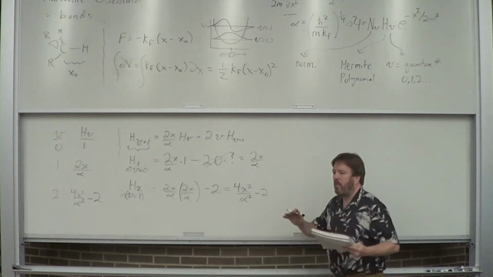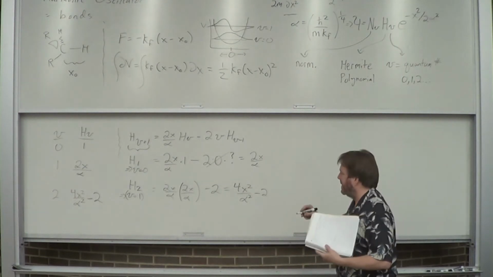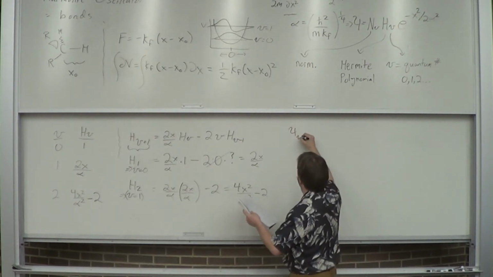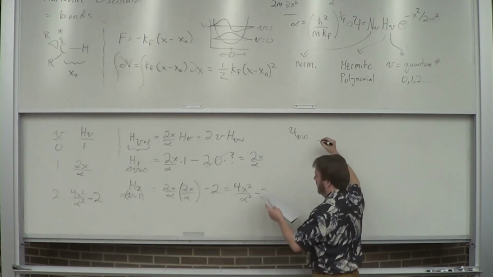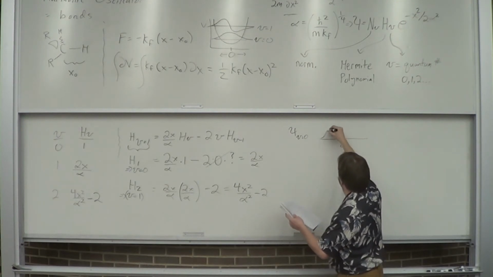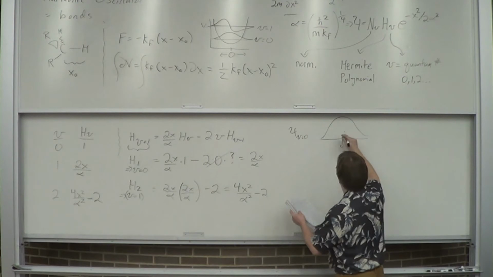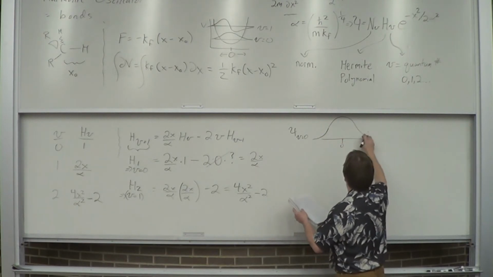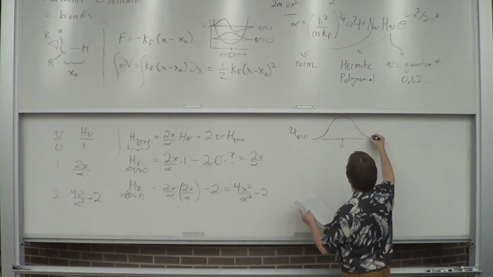And it's kind of important for reasons that are going to come up in a second. So remember that the ground state is, of course, just a bell curve. It's an awful looking bell curve, isn't it? Anyway. Okay, so that's just a bell curve.